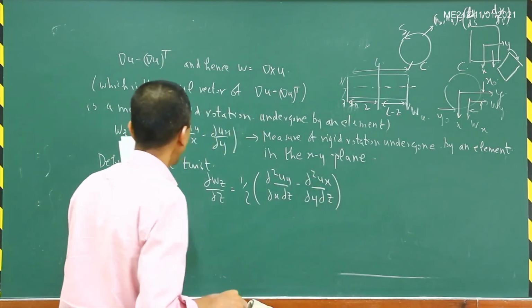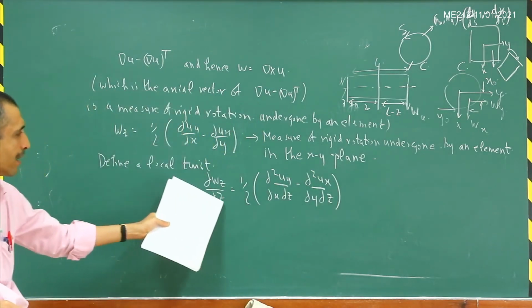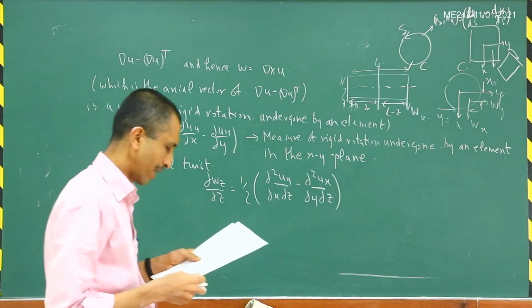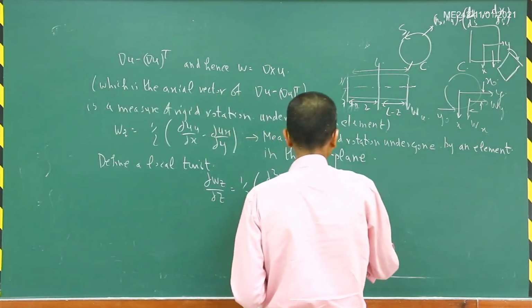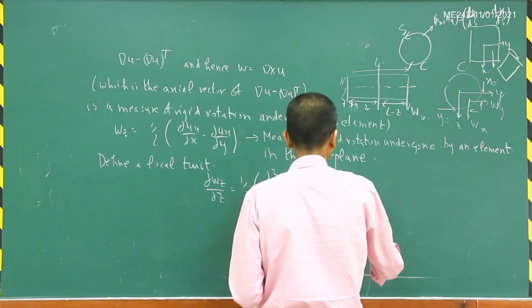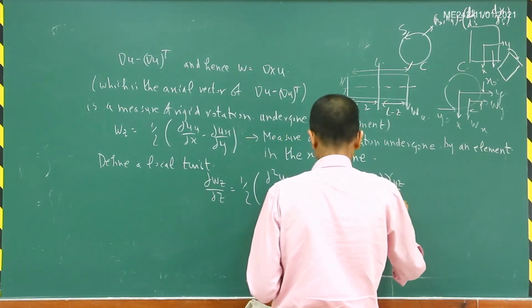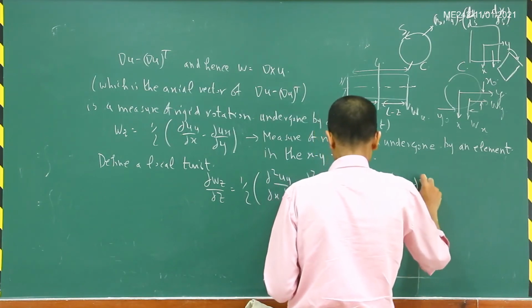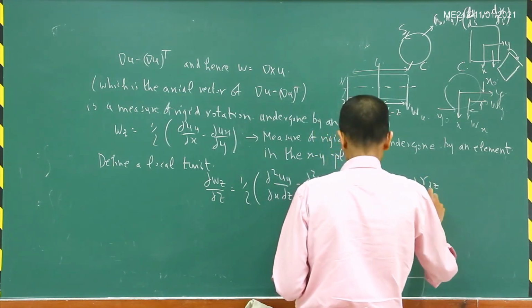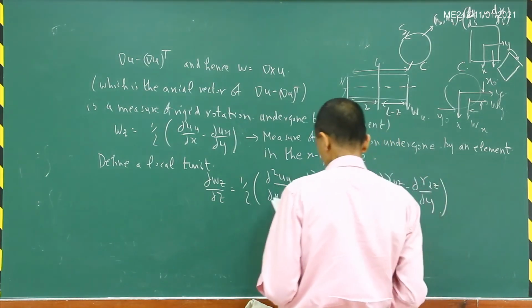So just basically differentiate this with respect to z, and this is the expression that you will get. And if you express this in terms of the strain components, you will get that this is del gamma yz by del x minus del gamma xz by del y.